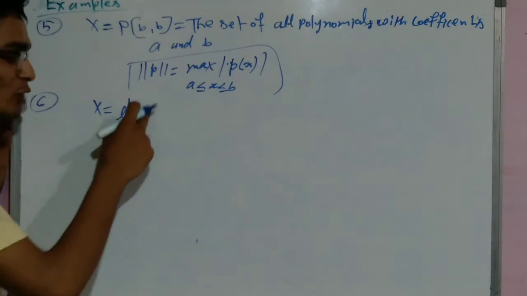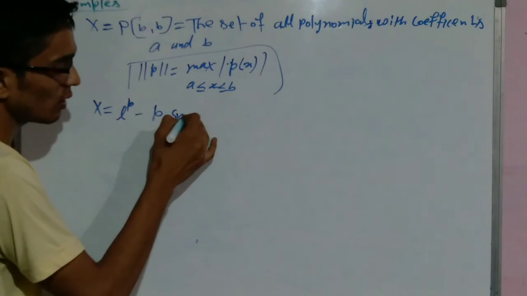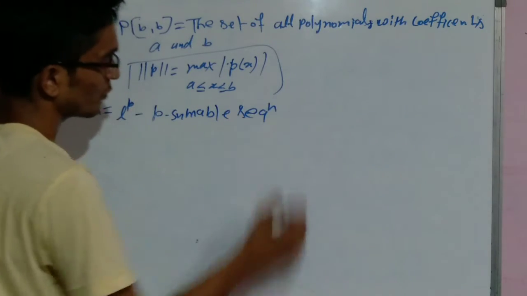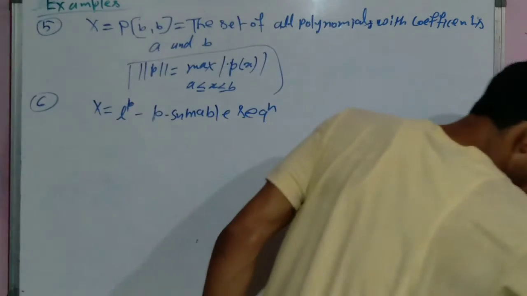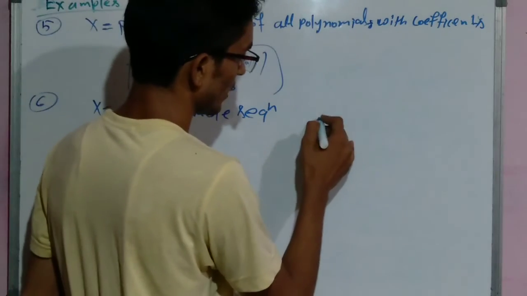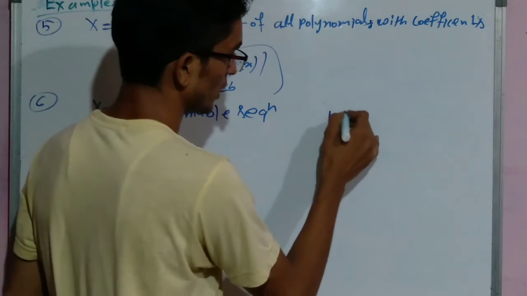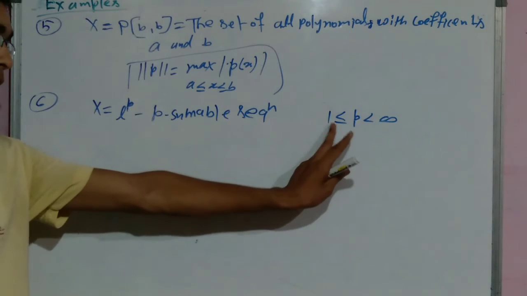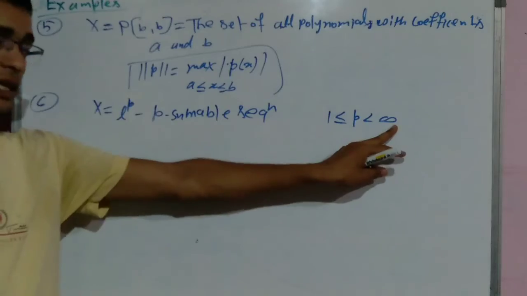So X equal to l^p, that is the set of all p-summable sequences. Here p is greater than or equal to 1 and less than infinity.